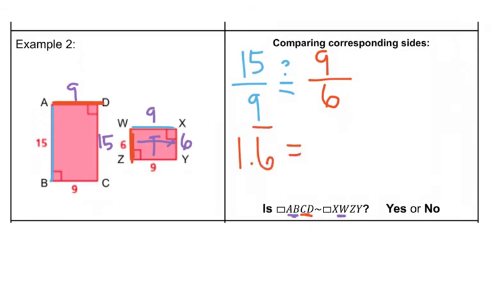And we're going to see, does that equal 9 divided by 6, which gives us 1.5. Although these numbers are pretty close to each other, they are not equal to each other. So the ratios of corresponding sides are not equal. Therefore, these two rectangles are not similar.